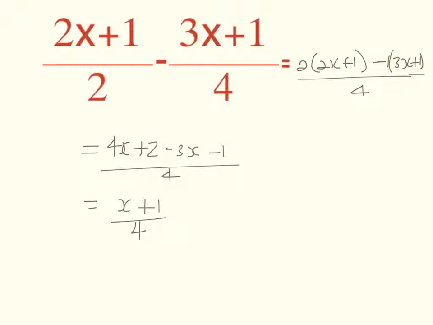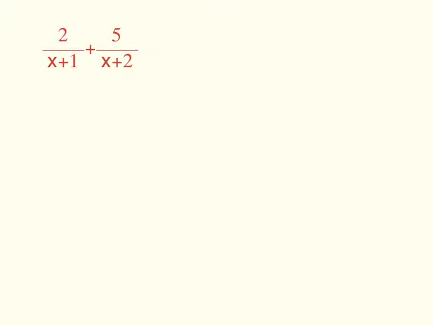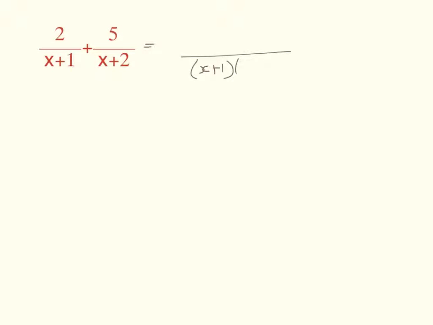Now what I want to do is show you another problem, and just to show you how complicated it can get. Okay, so let's have a go at this one. In case you're wondering how this works, it works in exactly the same way. We can just say that the LCM of this is going to be x plus 1 times x plus 2.